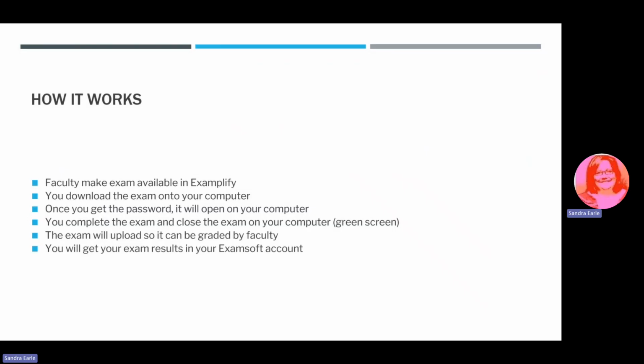When you complete the exam, it will close, and you'll get a green screen that tells you it's closed, and it will be uploaded again back into the sky off of your computer so that the faculty can grade whatever you did. Then your exam will be graded by the faculty, and you'll get your exam results in your Examsoft account. Okay?